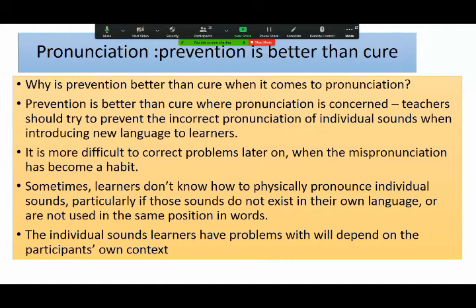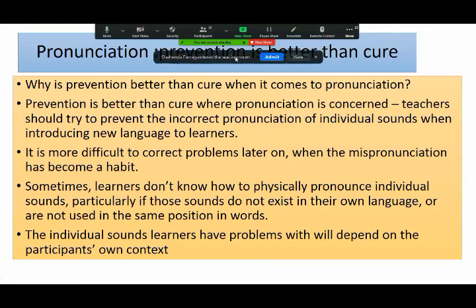So finally, what I try to say is that if we wait a long time to fix a problem, I think it will become a habit, especially if that person is not very young.